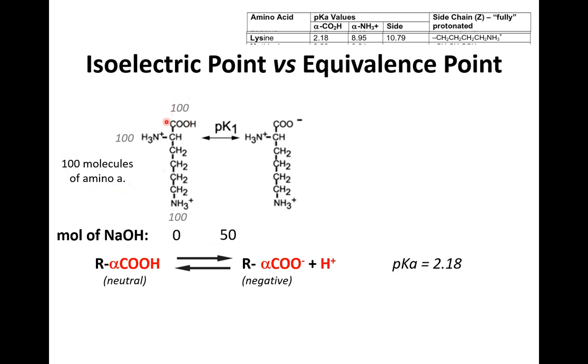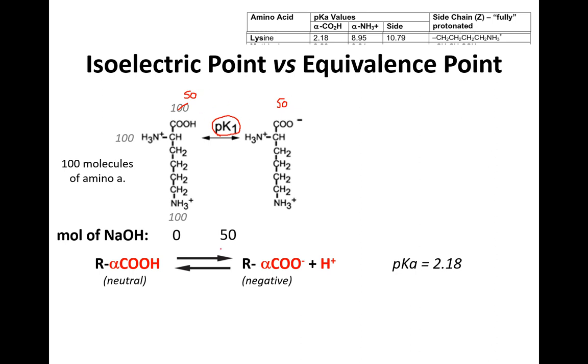Therefore, half of the number of carboxy groups that you have in there. So if you have added half of this hydroxide, you can predict that you would have now at this point 50%. Let me change that with a pen. So 50 molecules would have the carboxy group still protonated, and 50 of them would have it deprotonated, which is exactly what the pK1 is, right?